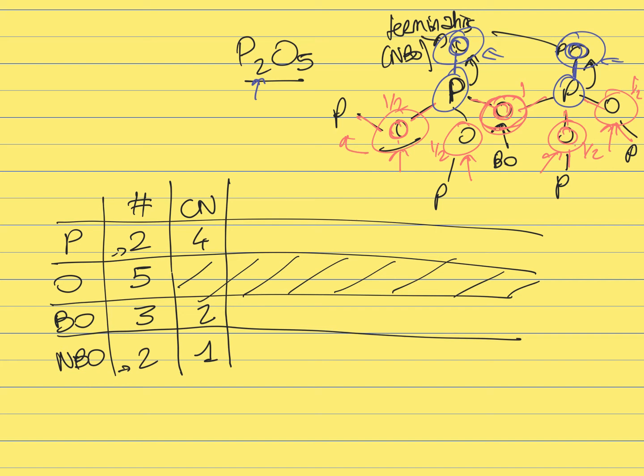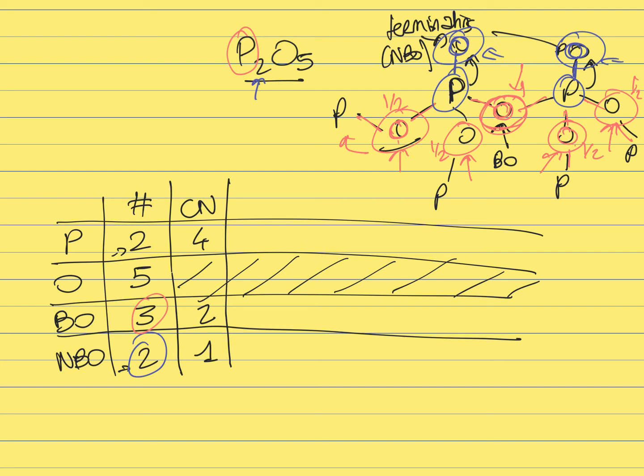So in each formula unit of P2O5, you have 2 phosphorus atoms. Each of those phosphorus is attached to 1 NBO. So you end up with 2 NBO, and you have 3 BO atoms, 1 that is in the middle, and 4 that are shared with other formula units of P2O5.